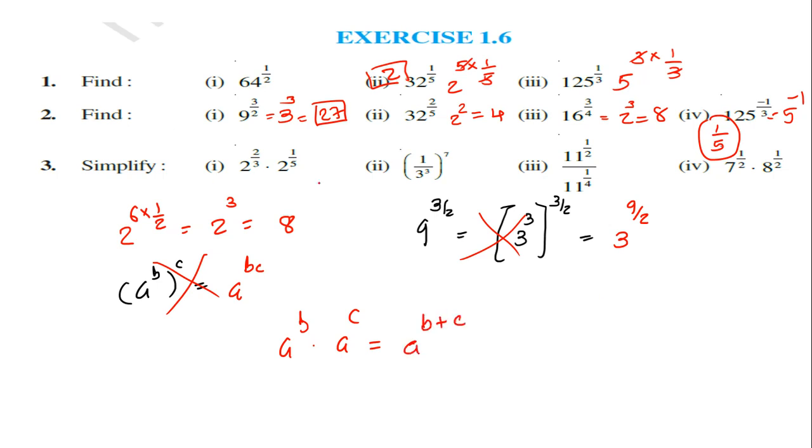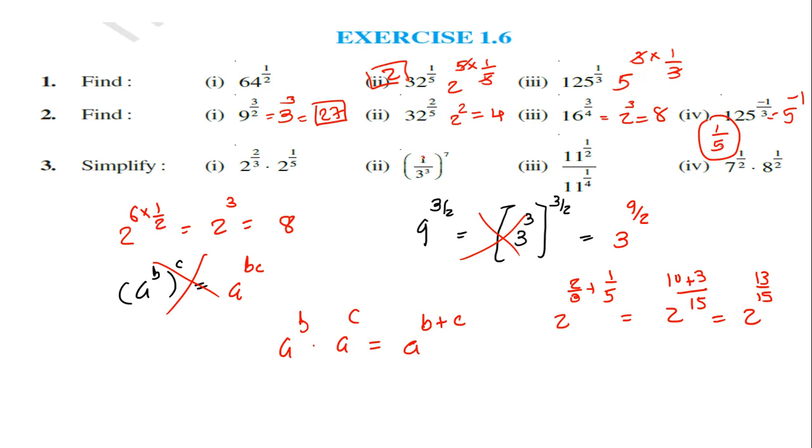Okay, so same thing here. We can write 2 raised to 2 by 3 plus 1 by 5. So 5 2s are 10, cross multiplication, 2 raised to 5 2s are 10 plus 3 1s are 3 upon 5 3s are 15. So 2 raised to 10 plus 3, 13 by 15. This is the answer.